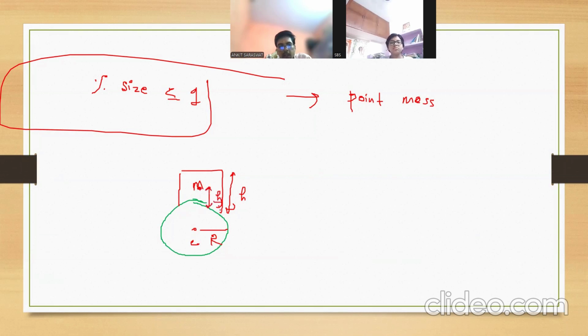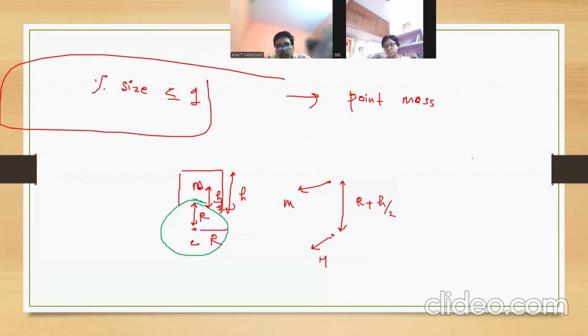Then how much is the separation, center to center? R plus h by 2. This is our Earth mass and this is the body mass. Then I want to know up to what height we can say this is a point mass.